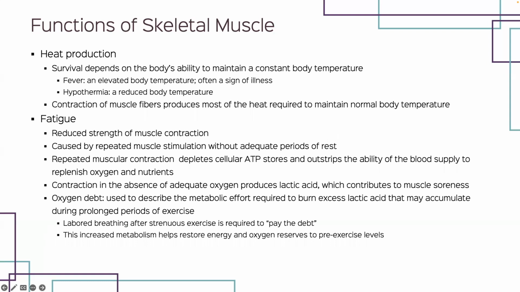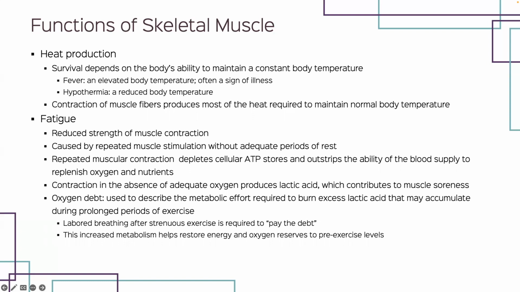Our healthy survival depends on our ability to maintain a stable body temperature. A fever, or elevation in body temperature of only a degree or two above 98.6 degrees, is almost always a sign of illness, just as a serious fall in our body temperature is.